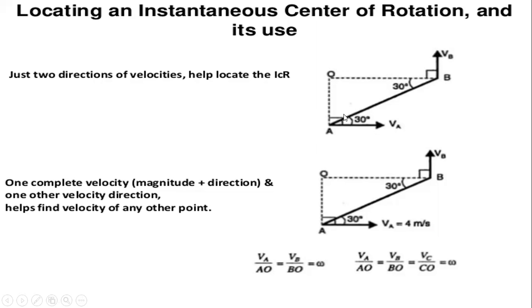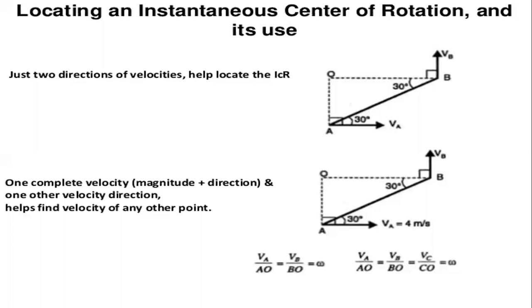So these two velocities are perpendicular to each other, and the link AB is angled at 30 degrees, and from B also it is angled at 30 degrees. We are generating a point Q which is perpendicular to both points and locating it at the Q position, which is at a right angle. So here you can see the right-angled position of the point Q from the points A and B.